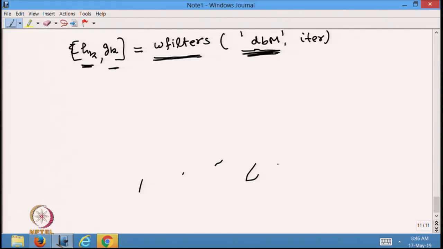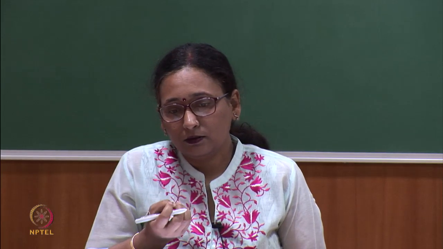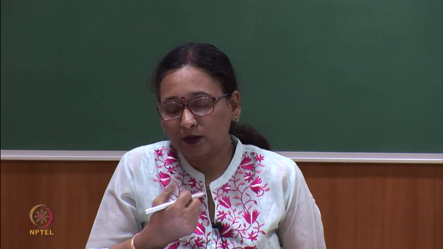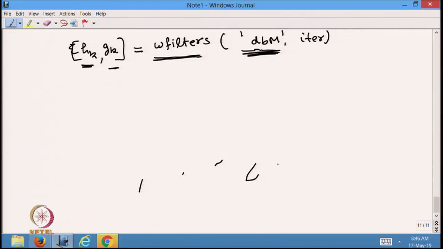Right now we have seen only one kind of wavelet, the Daubechies family, so we can write dbM, but later on if you know any other wavelet, you can write that name also in single quotes, and iteration is the parameter which one has to use in the syntax of the computation.